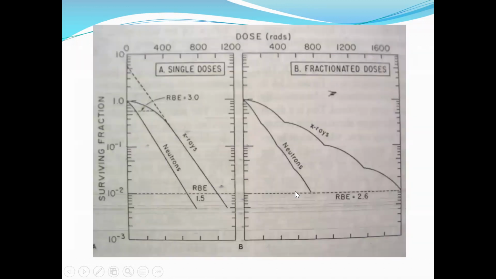Again the same exam point, now shown for different radiations. It is either a single dose or a fractionated dose, and it doesn't matter for neutrons. However, for X-rays, it matters. I think you know the answer. Why is that?